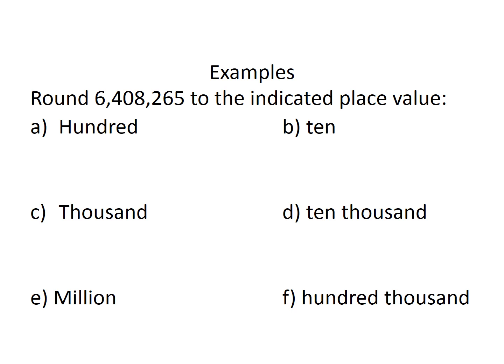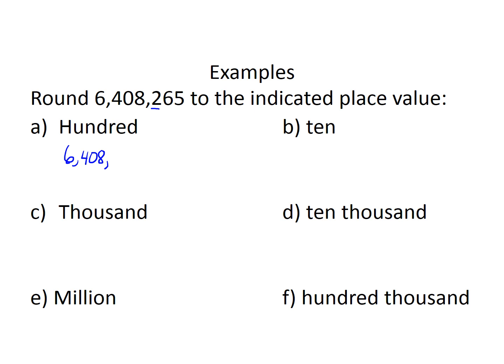So let's take this number and round it to the indicated place value. First, we want to round this to the nearest hundred. So everything before the 100 is going to stay the same. And basically you're trying to decide if this is closer to 6,408,200 or 300.